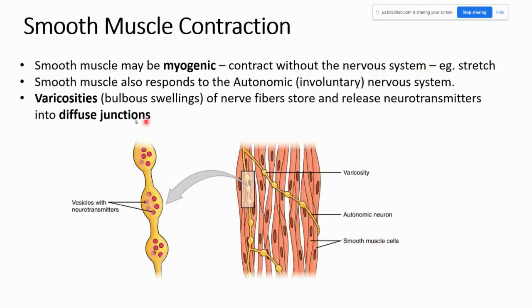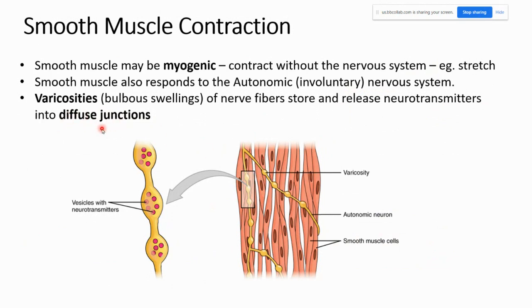So instead of a neuromuscular junction, we have something called diffuse junctions because it's just very general. So instead of the axon terminals, we have these varicosities, right? And varicosities are these little swellings on the axon. So when the action potential travels down the axon, the varicosities release their neurotransmitters, kind of spread it along the entire smooth muscle, just kind of sprinkling all the neurotransmitters on.